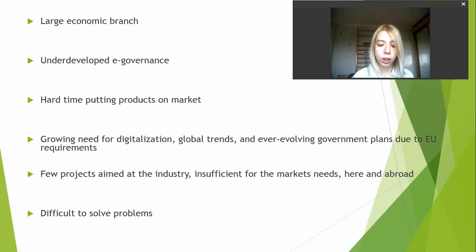Generally, agriculture is a very large economic branch. It is very underdeveloped. The need for digitalization is huge due to the underdeveloped governance and the hard time farmers have putting products on the market. It is also important to say that our day-to-day life has moved to digital platforms, whether that is our smartphone or a laptop.